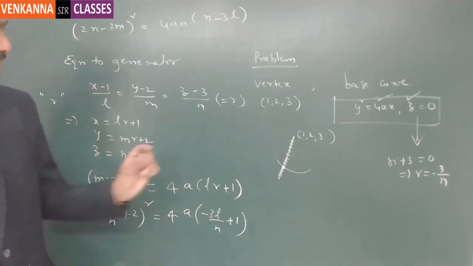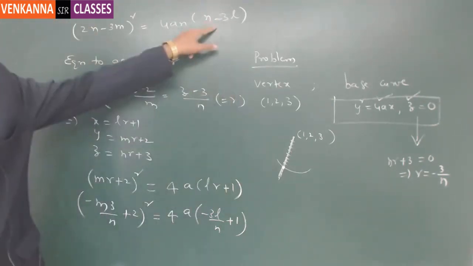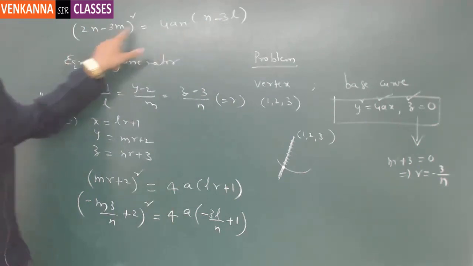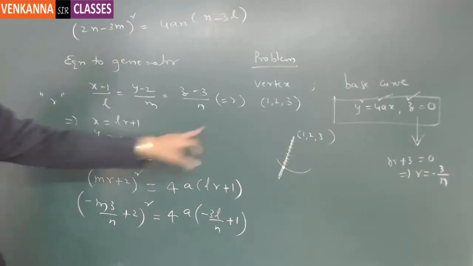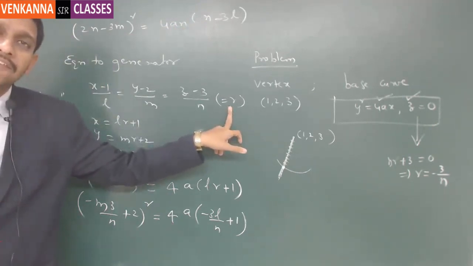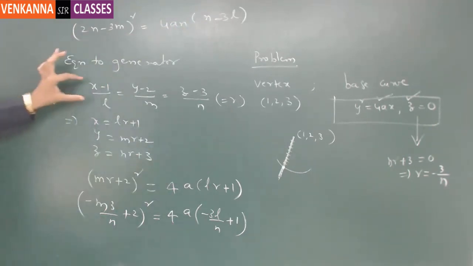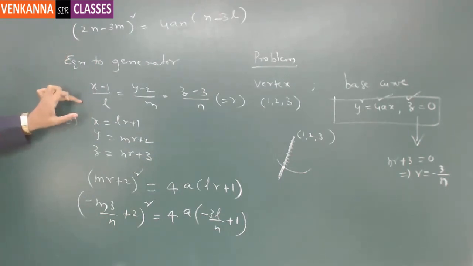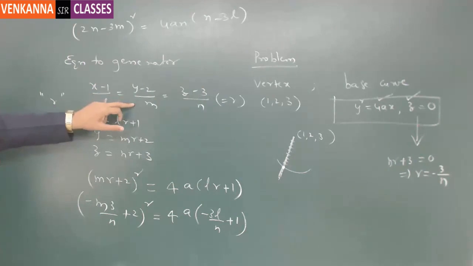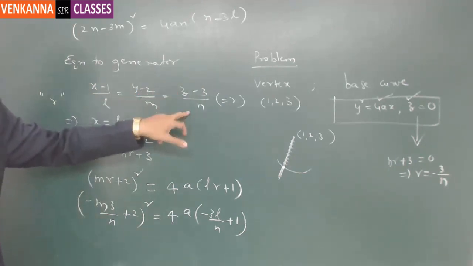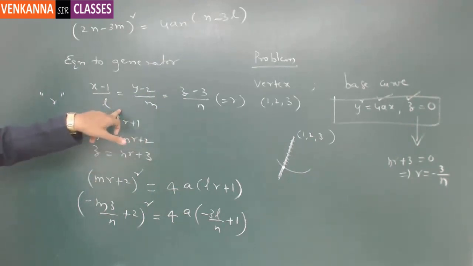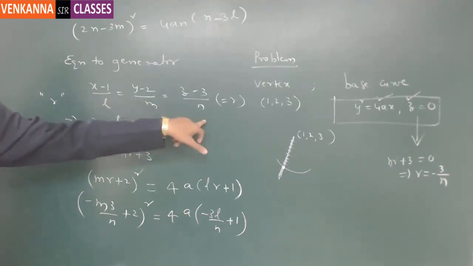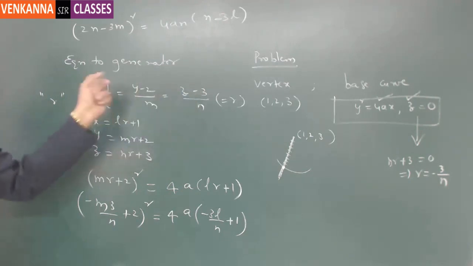Now, please understand that this is the equation satisfied by l, m, n, the DCs of the generator. From the generator equation, the values are proportional: x minus 1 is proportional to l, y minus 2 to m, z minus 3 to n. So in place of l, m, n, we substitute the respective values.